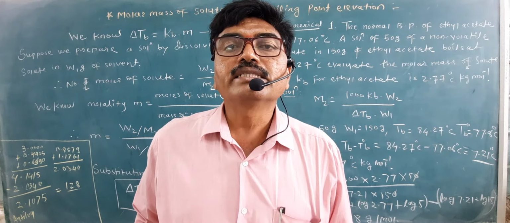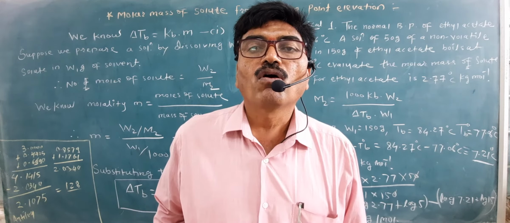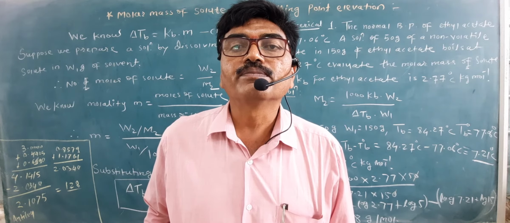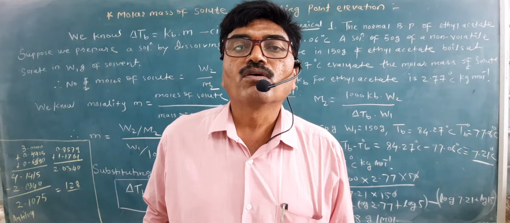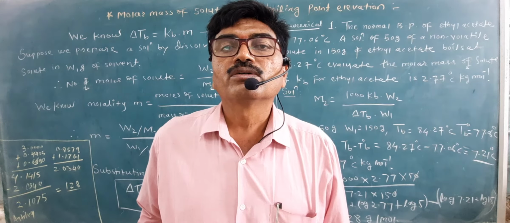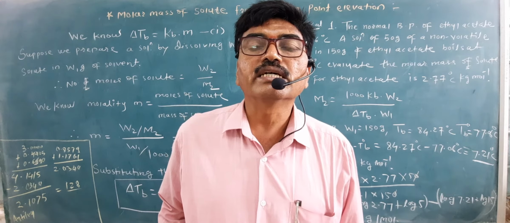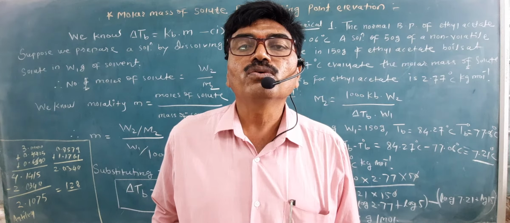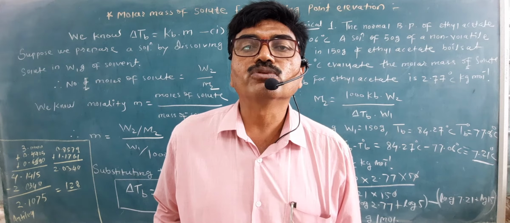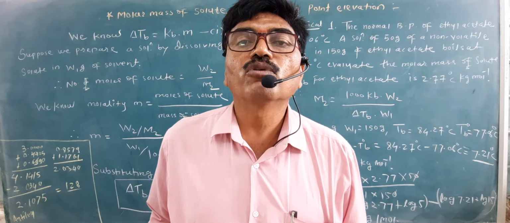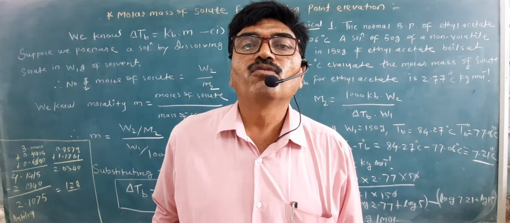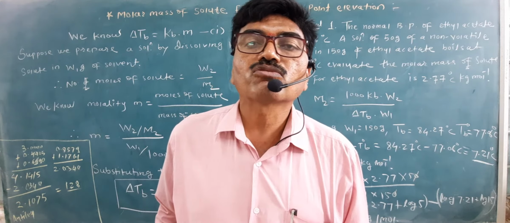As the vapor pressure of a solution is lower than that of the pure solvent, more heat is required to make the vapor pressure of the solution equal to 1 atmospheric pressure compared to the heat required for the pure solvent.